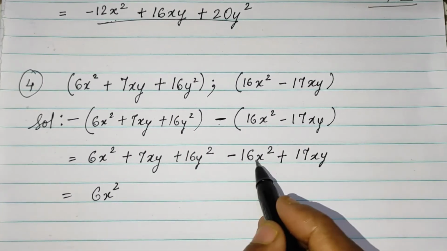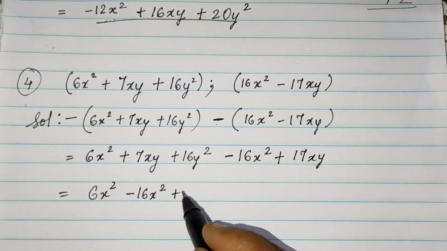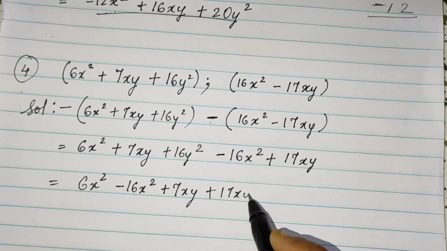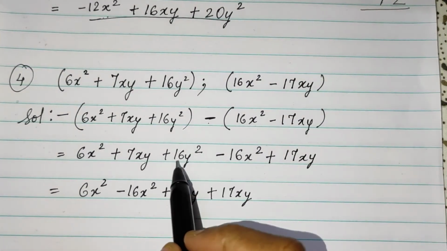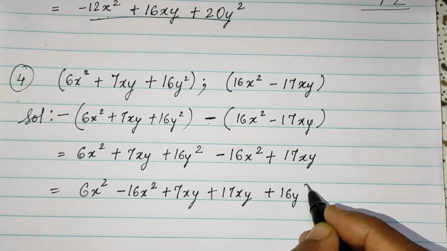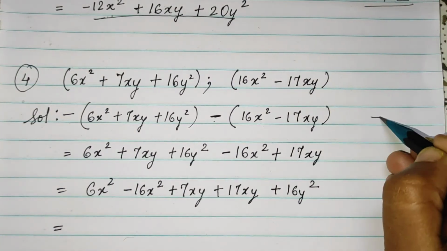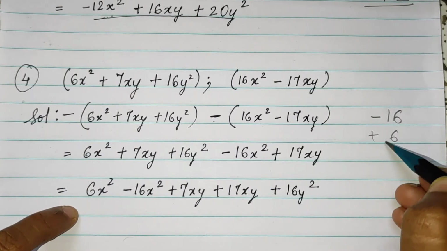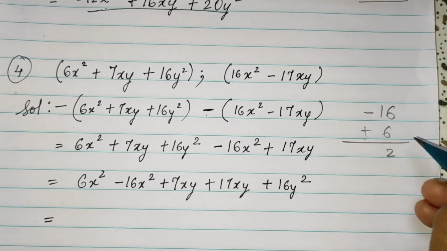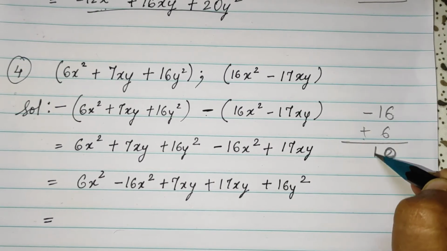6x square, here we have minus 16x square, then plus 7xy, here plus 17xy. And then what you have this, there is no pair, so write as it is. Now minus 16 and plus 6, so minus plus minus, 16 minus 6, 10.